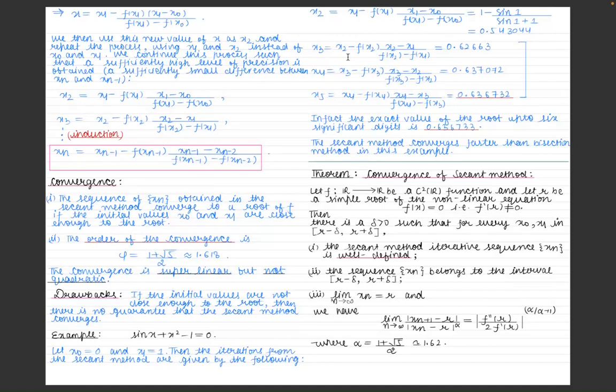So this limit exists and it is alpha by alpha plus 1, where alpha is obviously, as discussed, the golden ratio, where alpha is 1 plus root 5 by 2, approximately equal to 1.62.